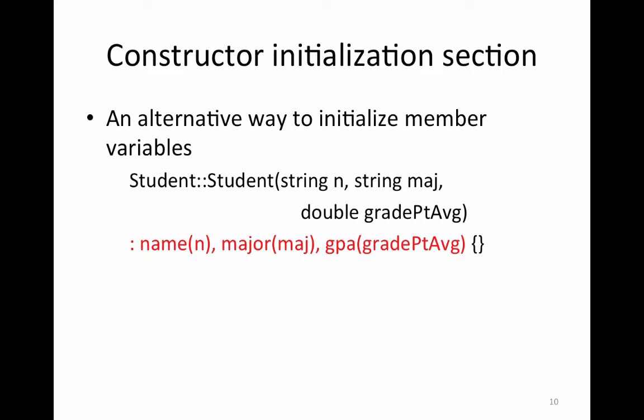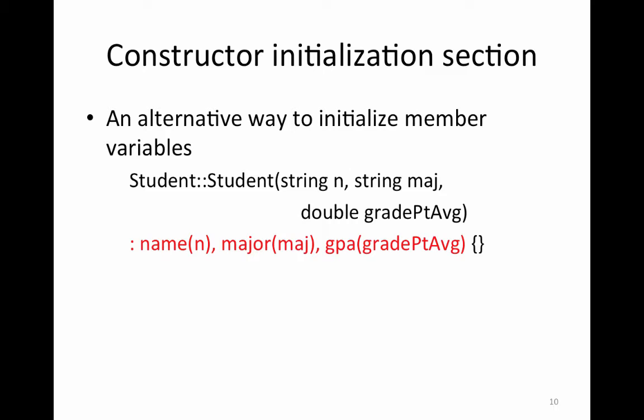Okay. This is just quickly, I don't expect you to remember this right now. So if you want to take a moment and check it out, that's fine. There is a simpler way to initialize variables, and C++ gives us a shorthand way, which is after the parameter list, you can put a colon and then a comma-separated list of name-parameter pairs.